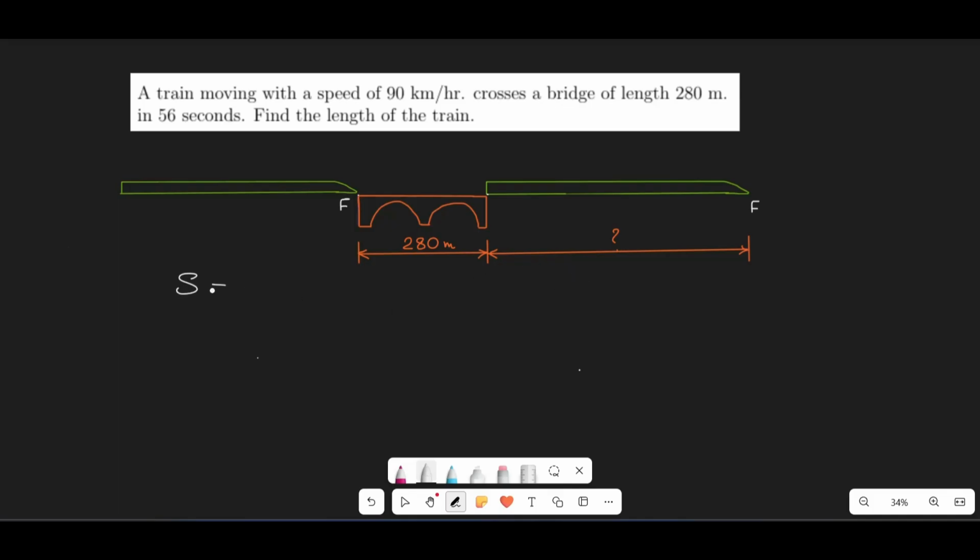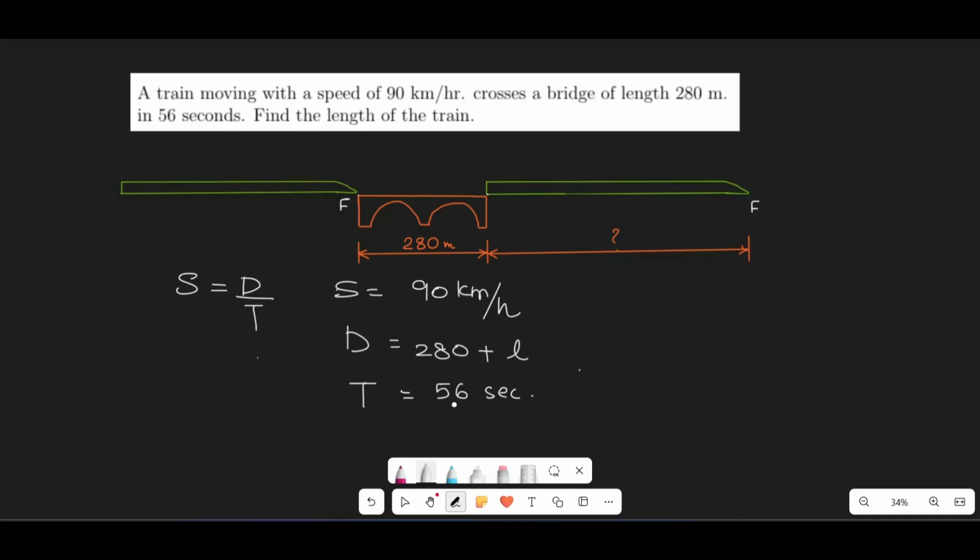So we have speed equal to distance upon time. We have 90 kilometers per hour as the speed given. D we do not know completely, but it should be 280 plus the length of the train. Correct? And time is in seconds, it is 56 seconds.